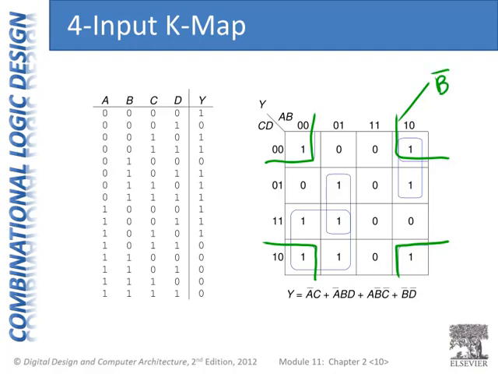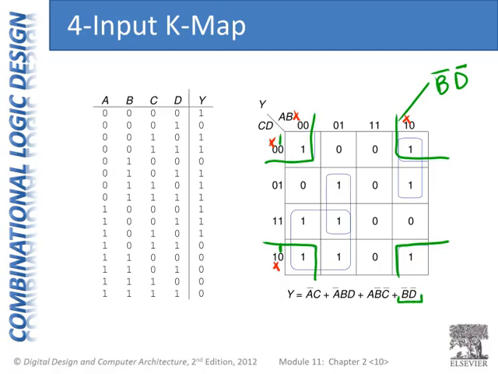It has both forms of A, so A isn't included in our implicant. It has both forms of C, complement form and true form, but just the complement form of D. So then we can also graphically get that minimized term B bar D bar.